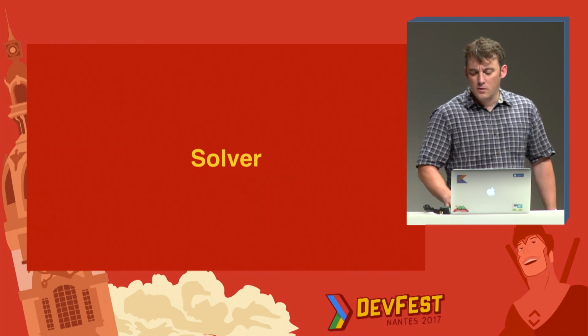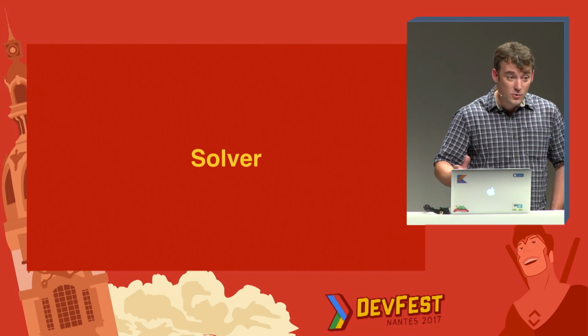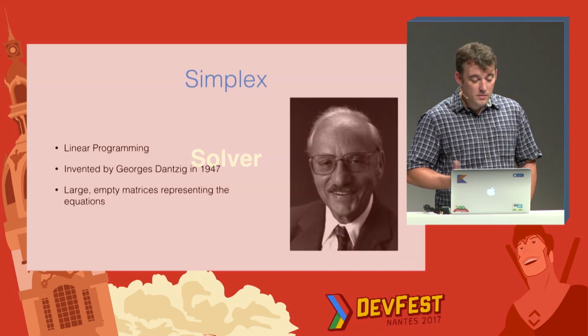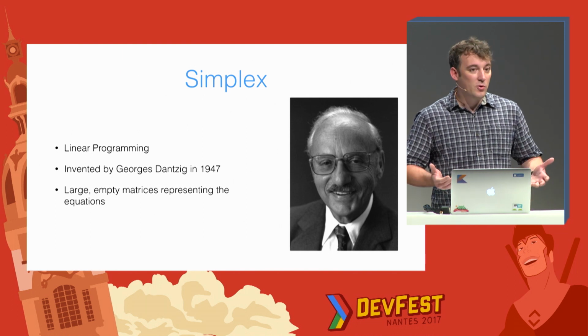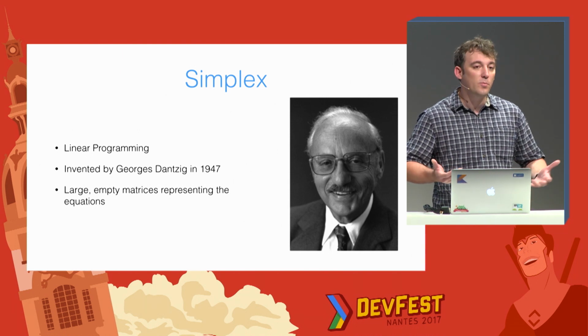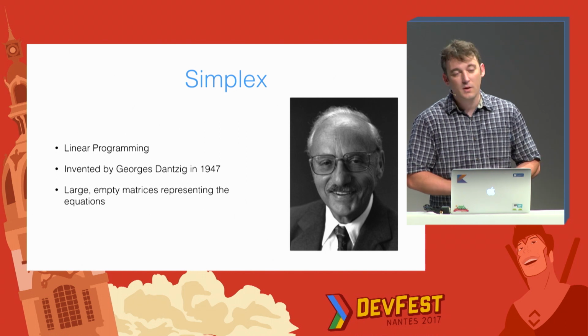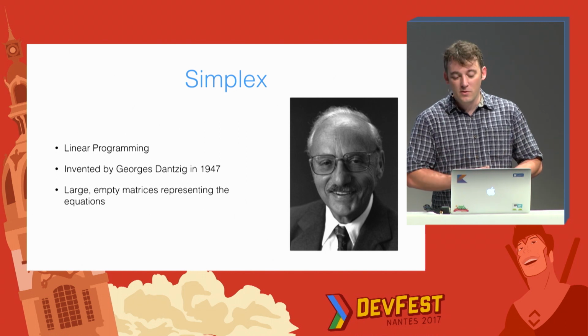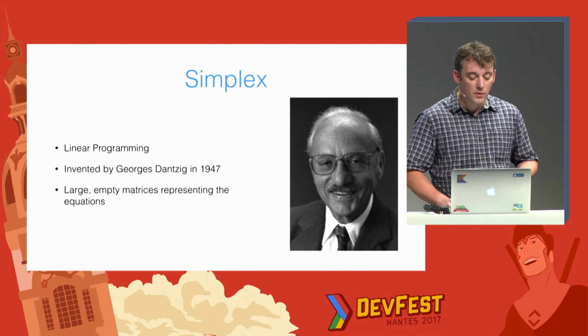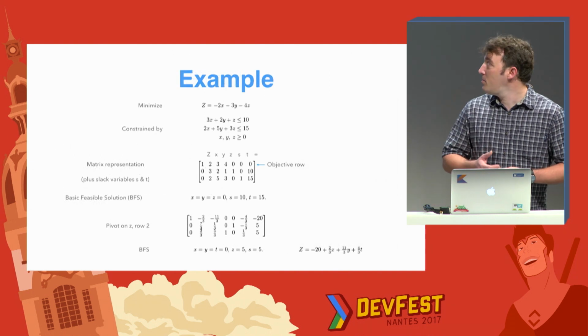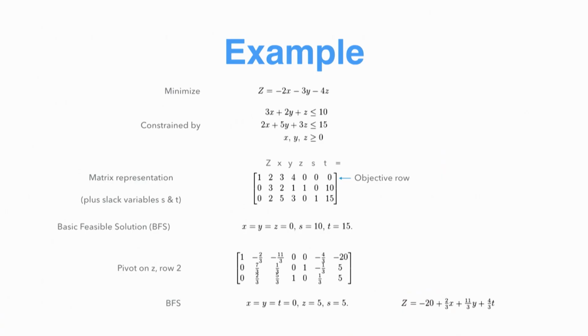So we come up with this idea of a linear solver, right? It's a very brand new idea, I'd say, because it got invented by Dantzig in 1947. That's linear programming. Basically, you express your problem in terms of linear equations, generating gigantic matrices, and you try to optimize your goal for that problem. So that's a typical example of how it looks. You have your linear equation.